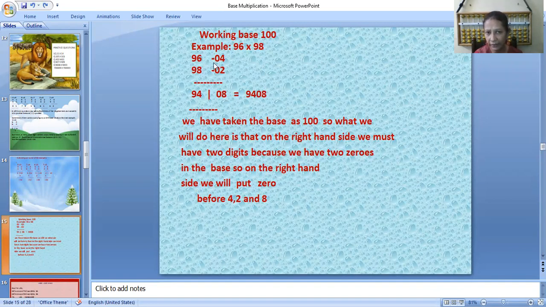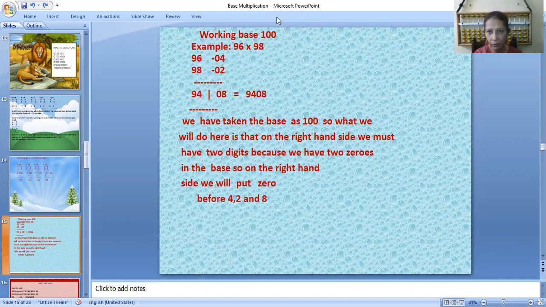Why have I written this 04? Because in 100 you can see 2 zeros, so you write down 2 digits here. And 98 minus 100 will also be equal to minus 02. You have to write it down here because 2 zeros are here, for convenience.